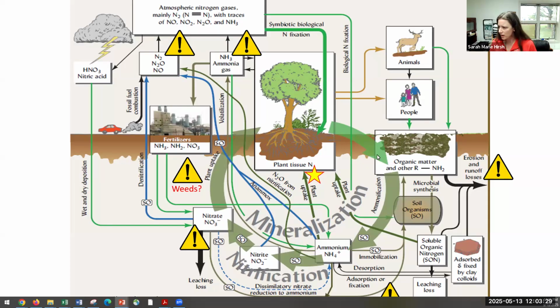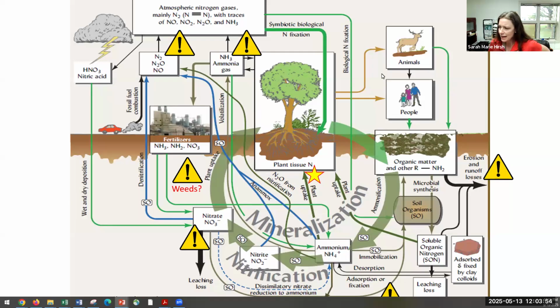It's done by bacteria. The bacteria first convert the organic nitrogen to ammonium, and then a different type of bacteria will quickly convert that to nitrite and then nitrate. Both ammonium and nitrate are your mineral forms of nitrogen.